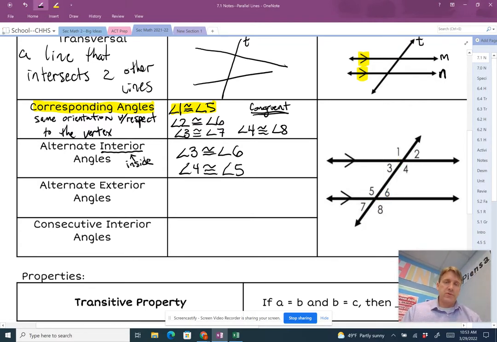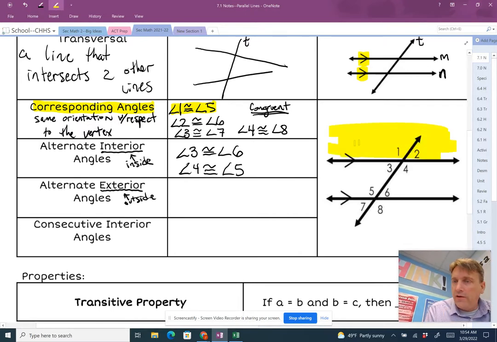Alternate exterior angles. Well, first of all, again, this word exterior means outside, and so it's referring to the angles that are on the outside of the parallel lines. These are the points that are exterior for those two parallel lines, and they include the angles 1 and 2, 7 and 8.